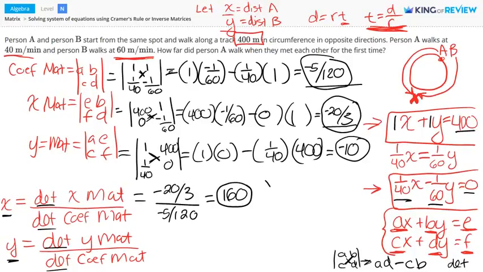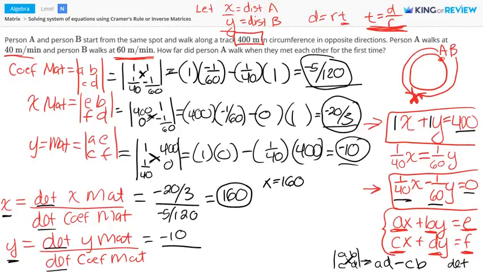So x is equal to 160. And now let's solve for y. We have the determinant of the y matrix. We solved for that here. That's negative 10 divided by the determinant of the coefficient matrix, that's negative 5 over 120. And when we work this out, this is equal to 240.